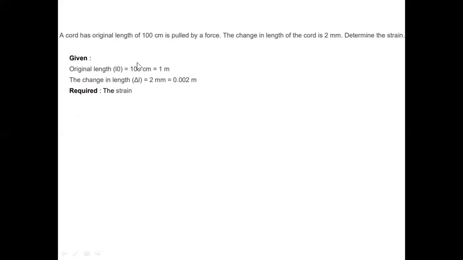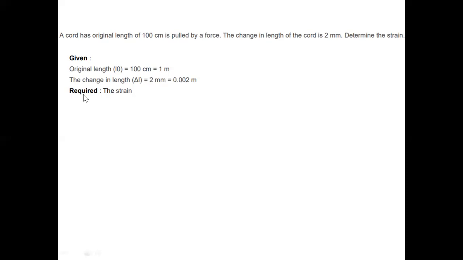If we're going to convert it to meters, this is equal to 1 meter. Now remember, a meter is equal to 100 centimeters, the conversion factor. And then we have the change in length, delta L, as 2 millimeters, or this is 0.002 meters. Now the conversion factor is 1 meter is equal to 1,000 millimeters.